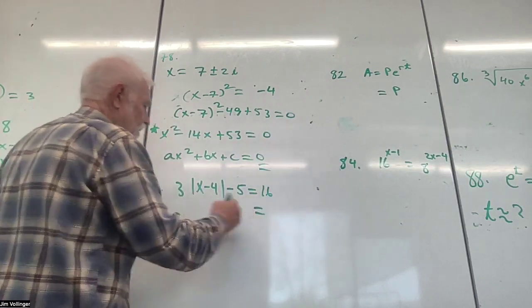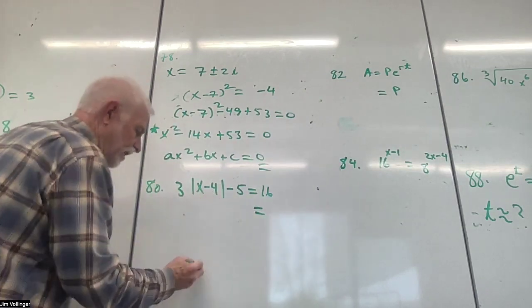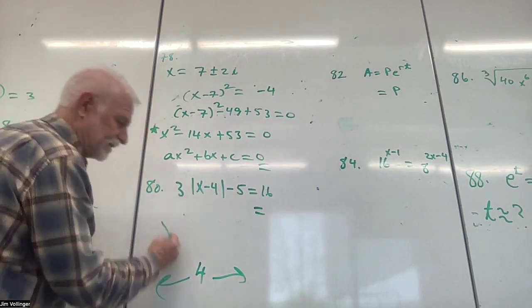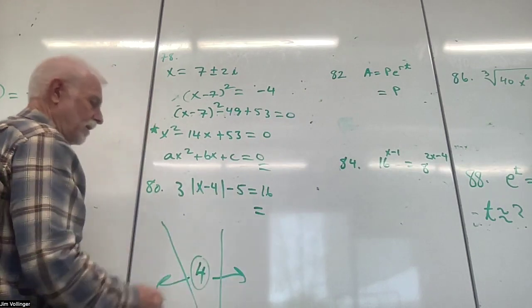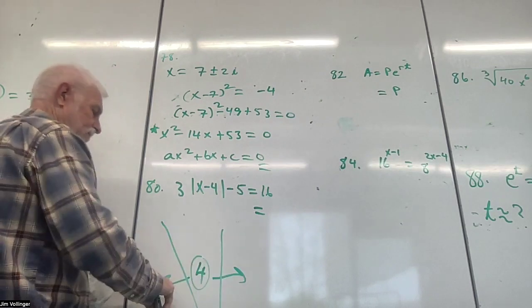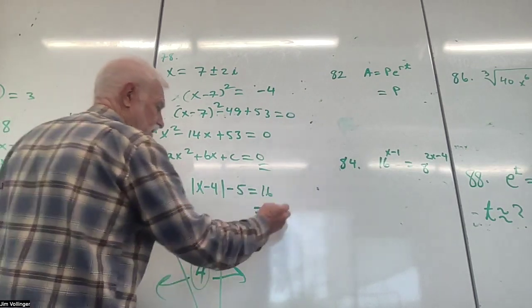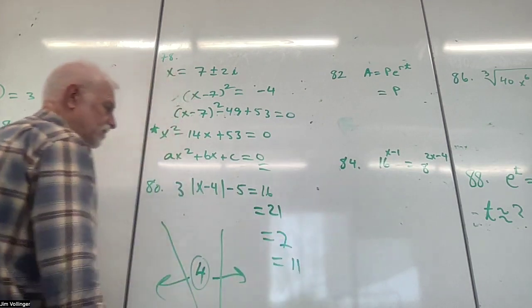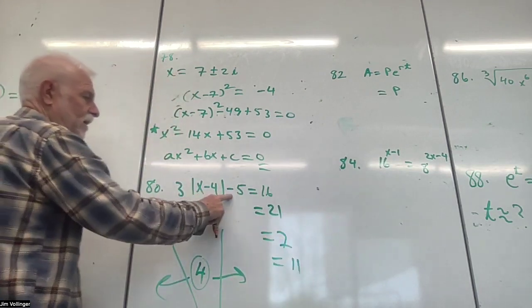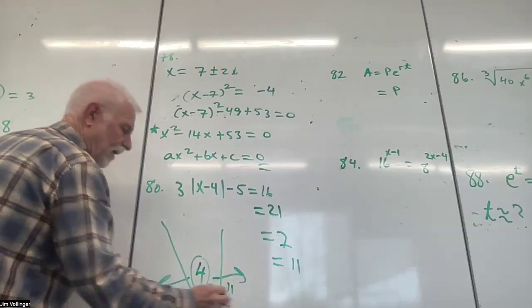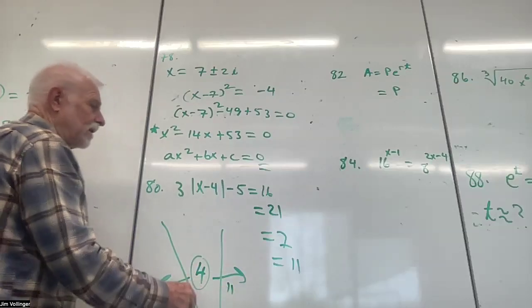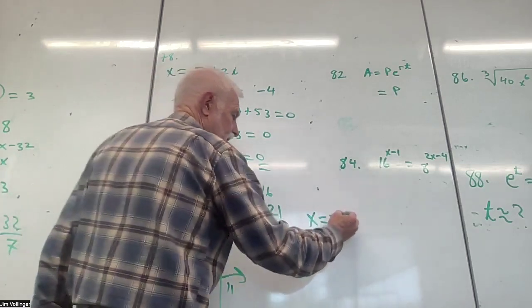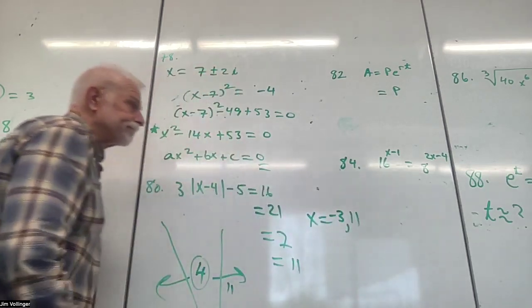So I'll just pretend that's a parentheses and see how far I am from the number 4, because that's going to be the center of the V, 4. And whatever I am to the right, I'll do to the left and vice versa. 21, 7, 11. Okay, so if I put 11 in, I get 21 minus 5 is 16. How far is 11 from 4? 7. So my answers are 7 from 4 on the left, -3 and 11.